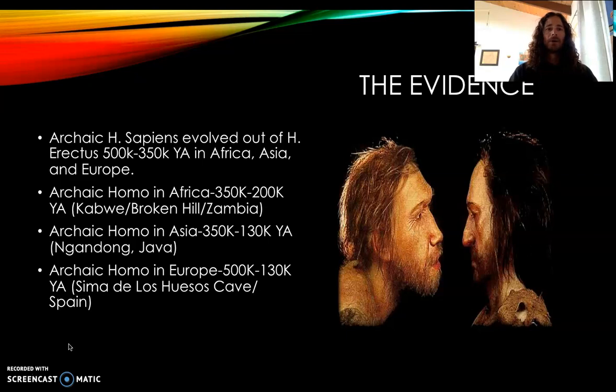Now, the out of Africa theorists would say that yes, they're found there, but they essentially came out of Africa. They didn't evolve out of Homo erectus. They are coming out of Africa.